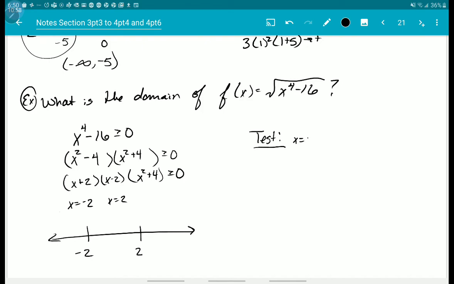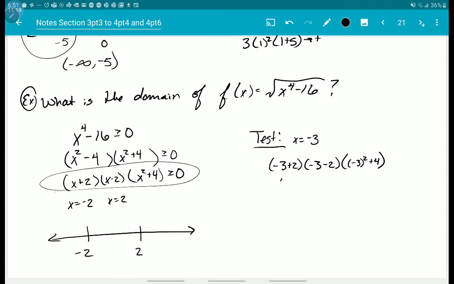If we plug in negative 3, now I'm going to use that fully factored form. So we're going to have negative 3 plus 2, negative 3 minus 2, and then negative 3 squared plus 4. So this guy's going to give us a negative. This is going to give us a negative.